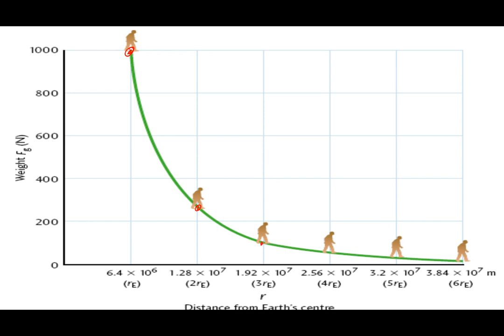You're going to get a significant drop off right away, but there is an asymptote, if you like that word, at zero, meaning no matter how far I go away from the Earth in the universe, using Newton's universal law of gravitation, the force of attraction between the Earth and me will never reach zero.